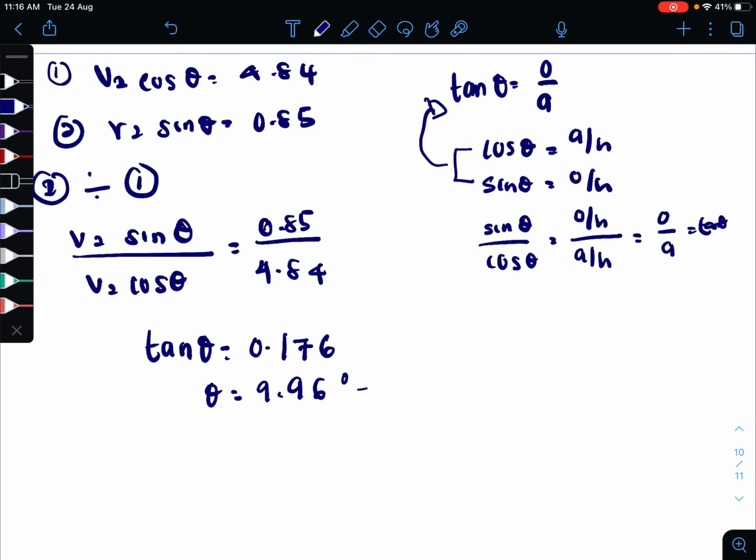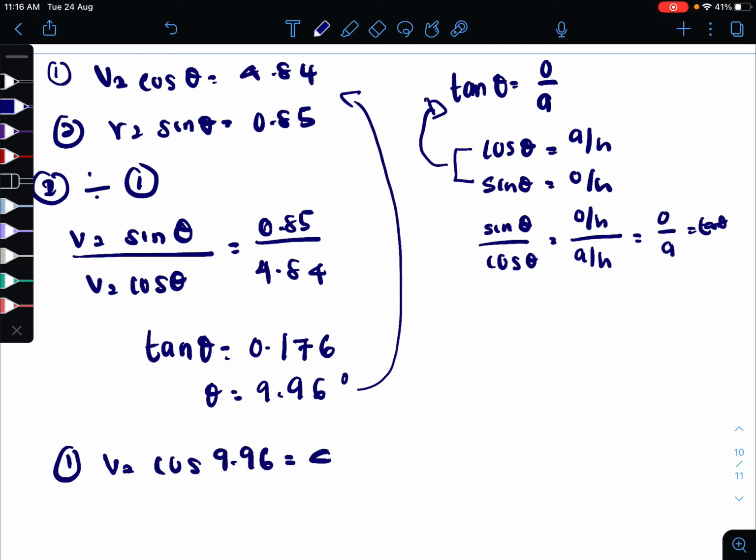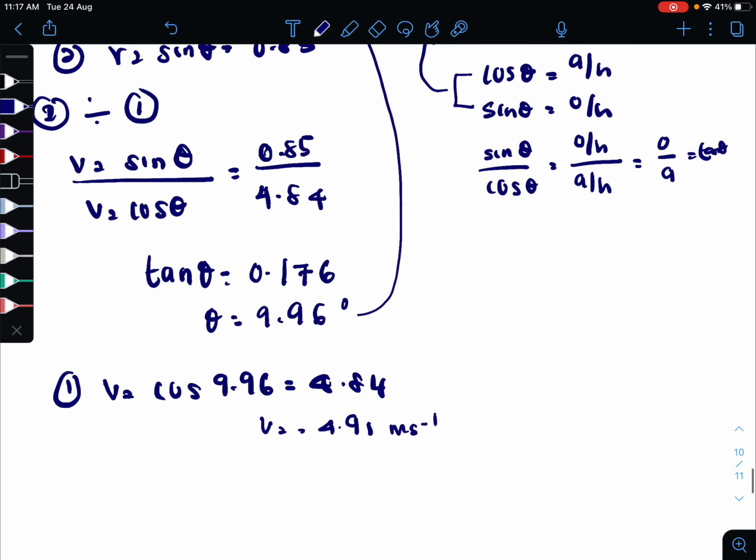Apa yang kita nak buat next adalah kita nak masukkan dia ke dalam mana-mana equation untuk dapatkan nilai V2. Let's say masukkan dalam satu. V2 cos 9.96 sama dengan 4.84. 9.96 cos answer, 4.84 divide answer. You should get V2 as 4.91 ms negatif 1. So dah ada nilai.